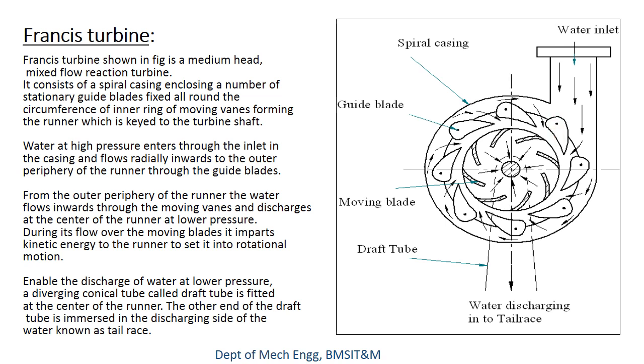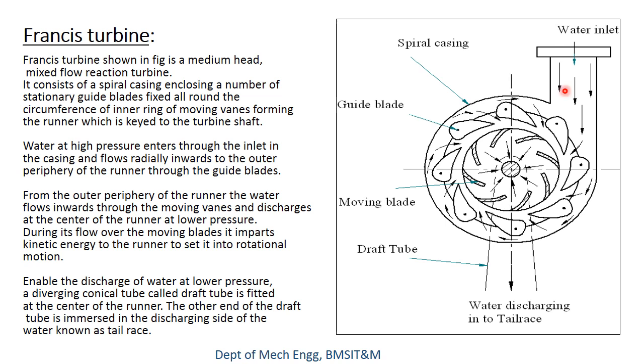These guide blades can be adjusted for a particular angle, that is plus or minus 15 degrees, so that the angle at which the water is going to strike the moving blades can be adjusted.